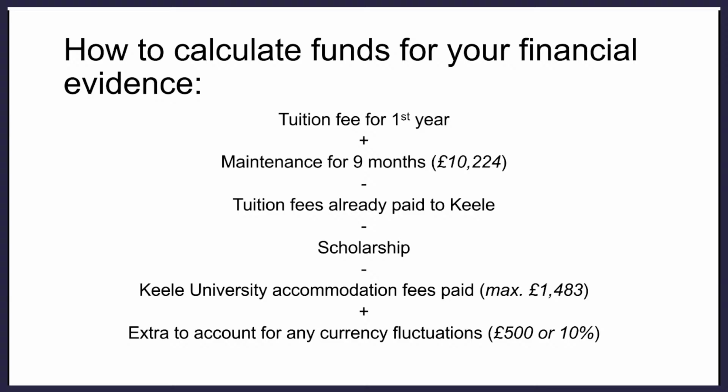But then you need to add on your living expenses, which UKVI have determined is £1,136 per month to live in the UK. And you need to show that you can support yourself for at least 9 months. So in total, that's £10,224 just for your living expenses.